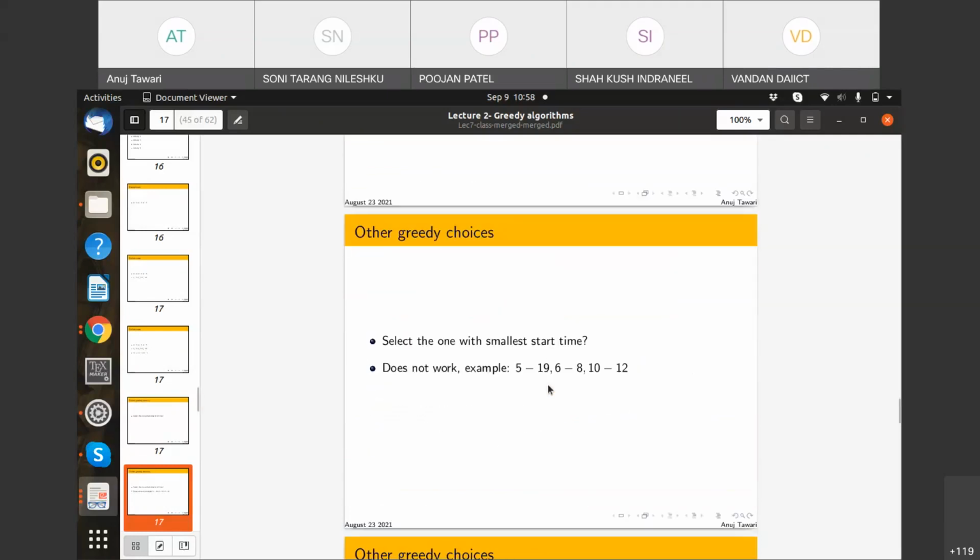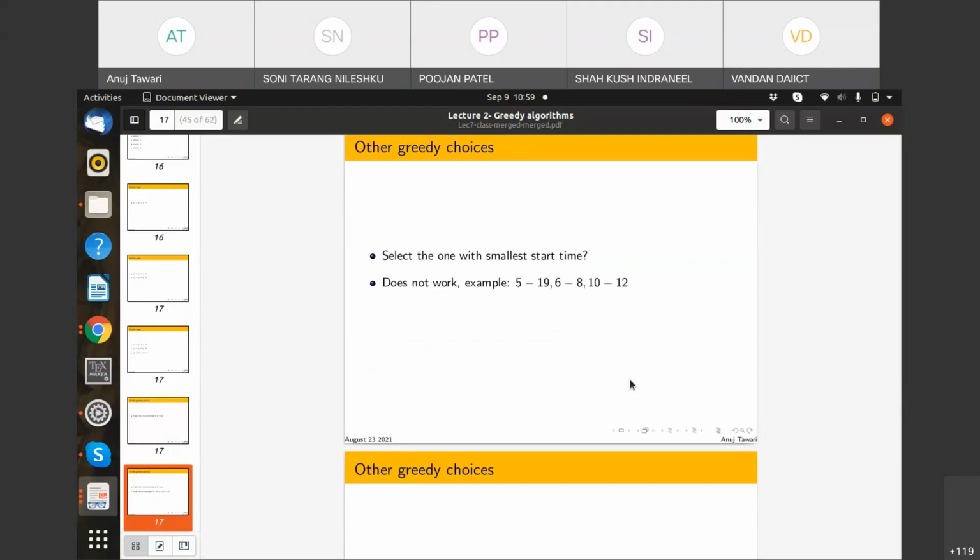So for instance, here is an example: 5 to 19, 6 to 8, and 10 to 12. You look at the smallest start time, you'll pick 5 to 19, but then you can't pick both of these. So the better approach is 6 to 8 and 10 to 12.